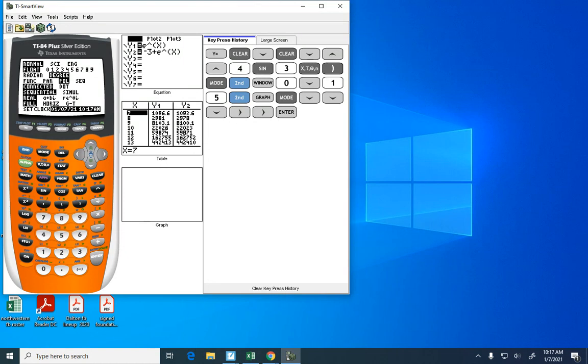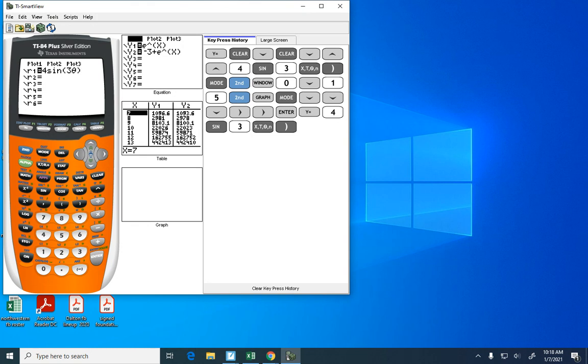If we go over to polar, and then go to your y equals, now we're in r equals, and if we type in 4 sine of 3 theta, close your parenthesis out, and go to graph.